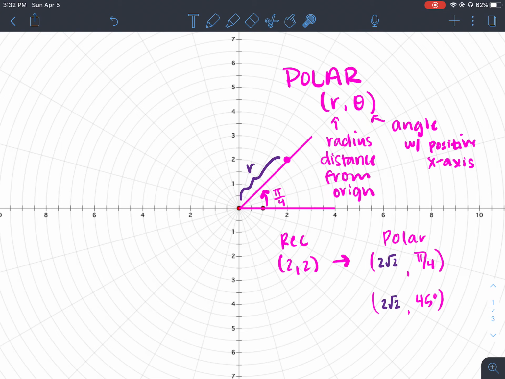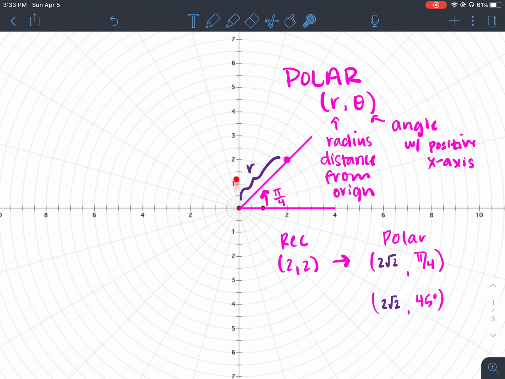So you can see when we draw our polar grid, and grid's not really the best word because grid usually implies rectangular, but in this polar grid we have circles that are increasing in radius. We have a circle of radius 1, a circle of radius 1.5, a circle of radius 2, and then we have these angle values coming out, sort of like a spider web.